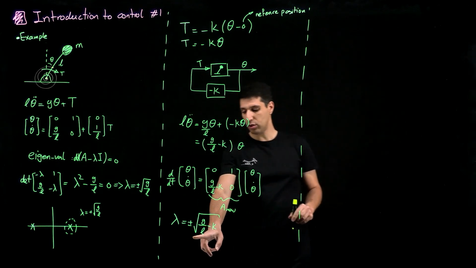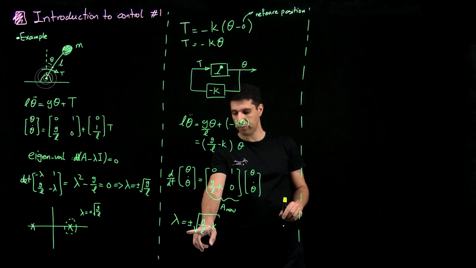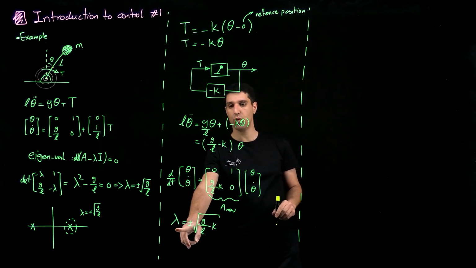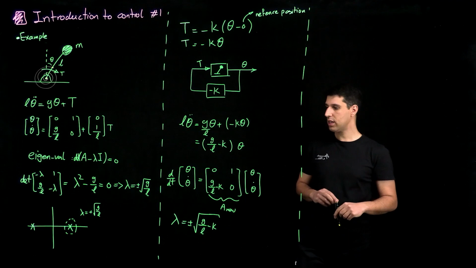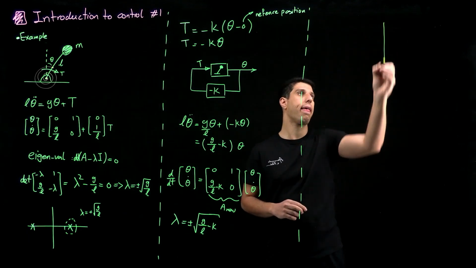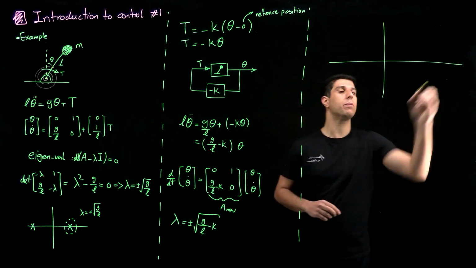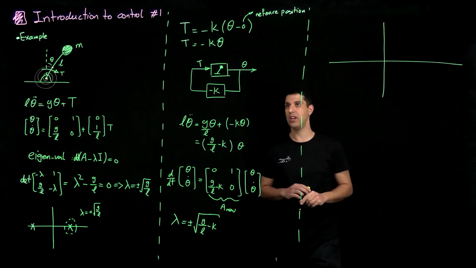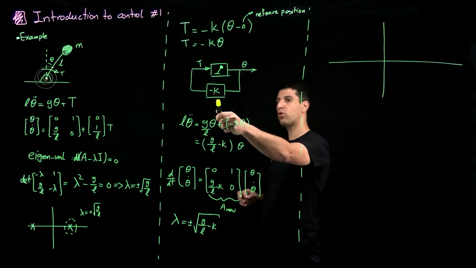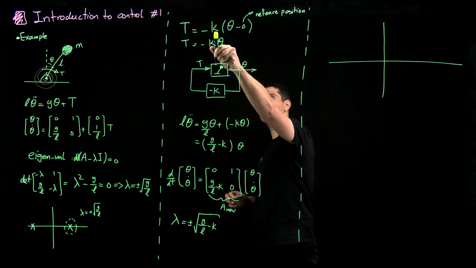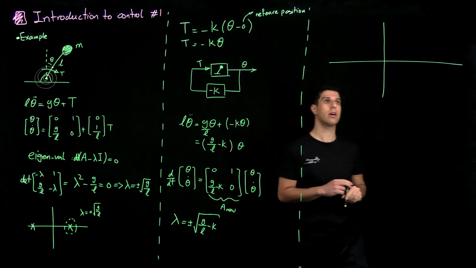So what I'm going to do is to draw these two poles of the system and analyze where they go as I change my control gain K, or the stiffness of the virtual spring.